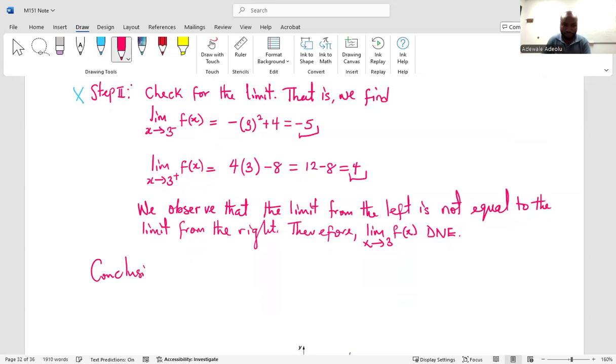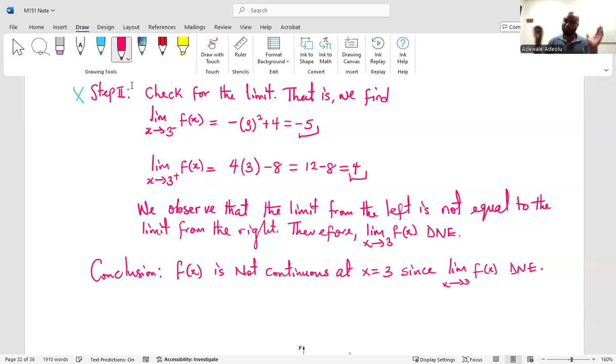Conclusion. f of x is not continuous. It's not continuous at x equals 3, since the limit as x goes to 3 of f of x does not exist.